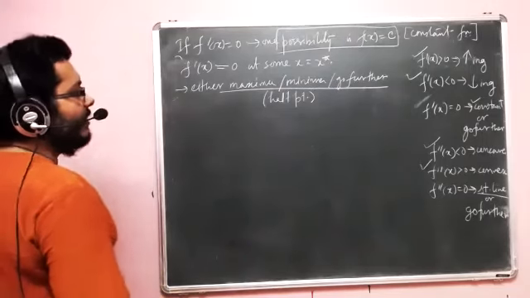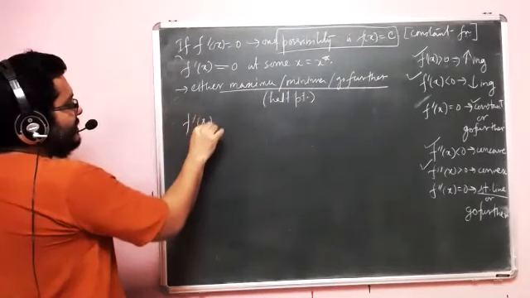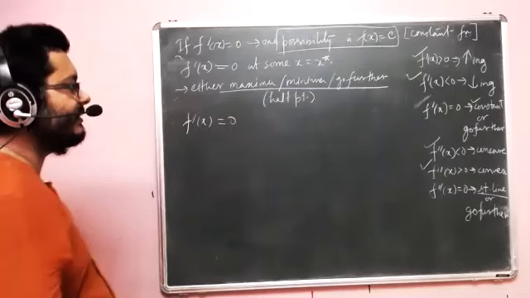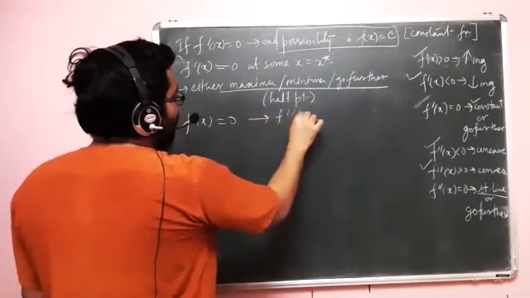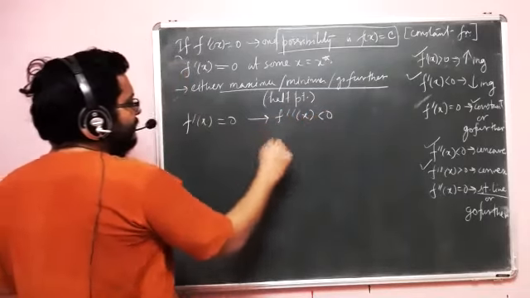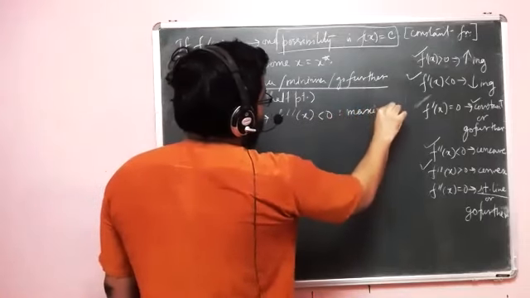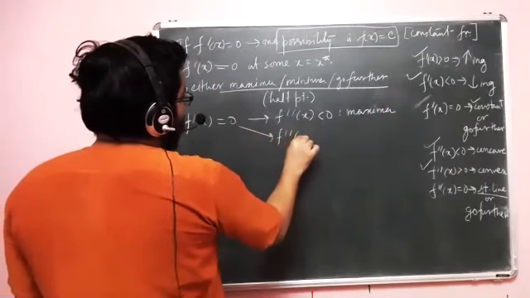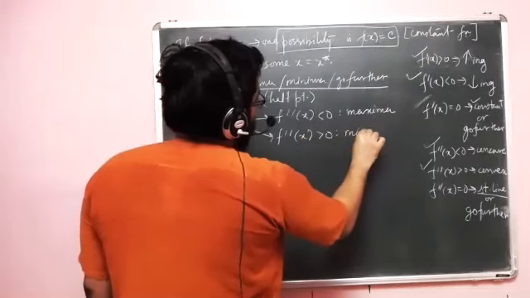Okay, now given that f dash x equal to 0, we can have three possibilities. Possibility 1 is f double dash x less than 0. So if we have both of these, we have a maxima. And if we have f double dash x greater than 0, then we have a minima.